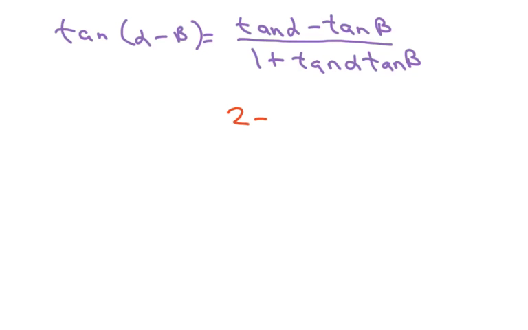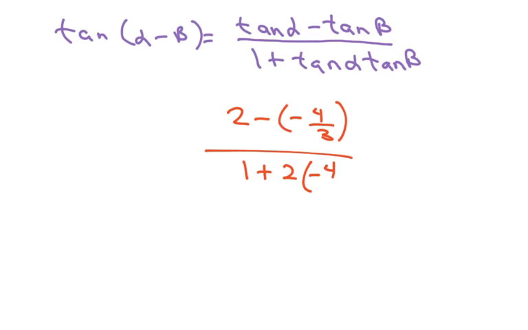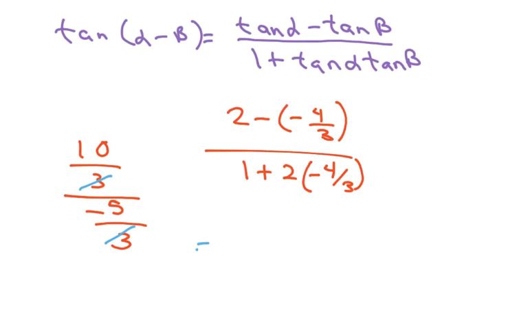So we get 2 minus negative 4/3 over 1 plus 2 times negative 4/3. Simplifying that, you're going to get 10 over 3 divided by negative 5 over 3. Of course, the 3s cancel, so our answer is negative 2.